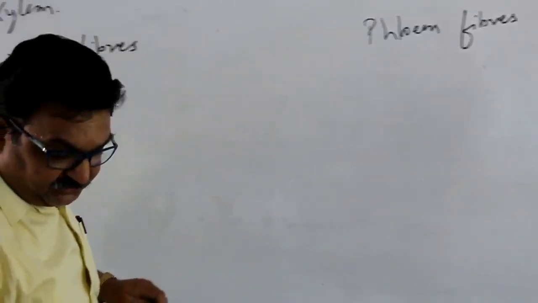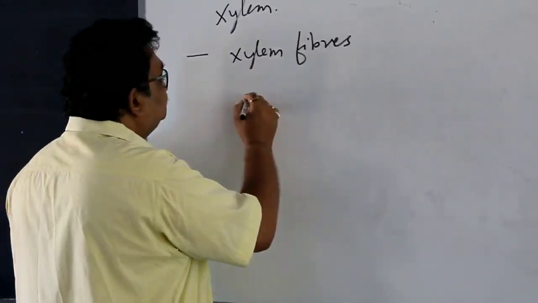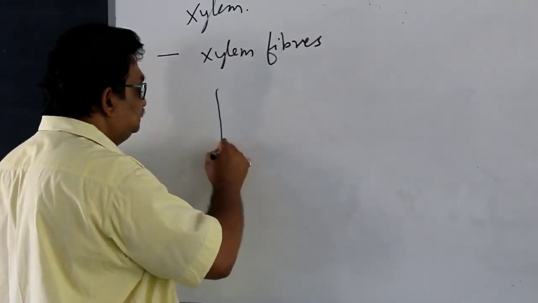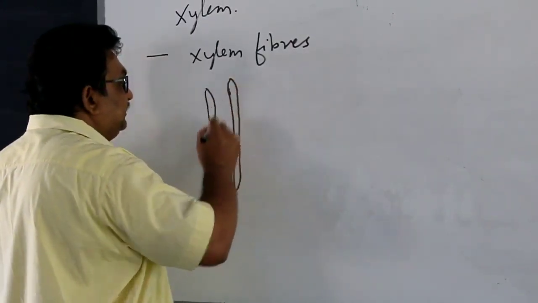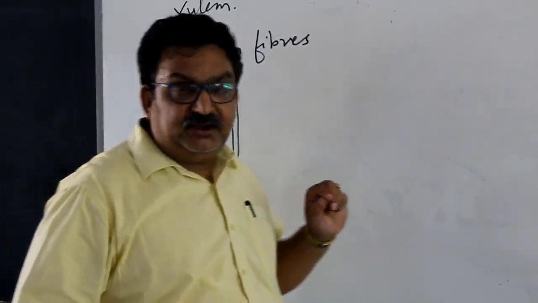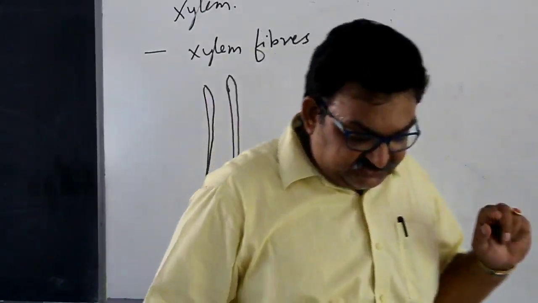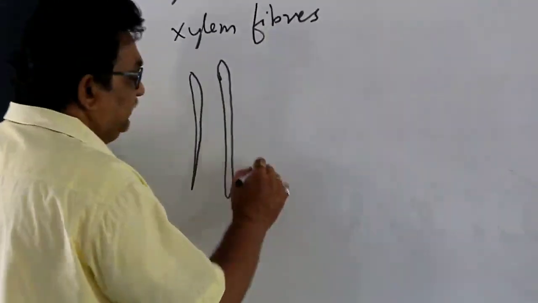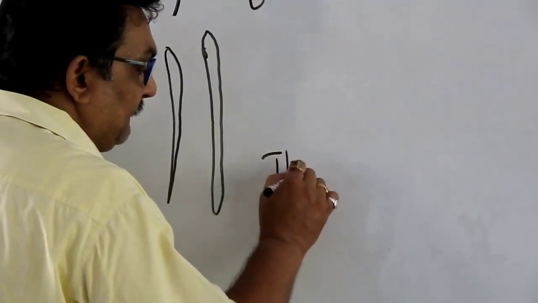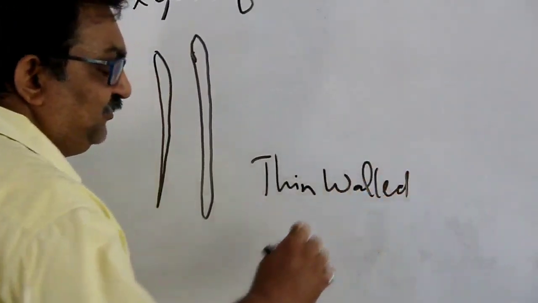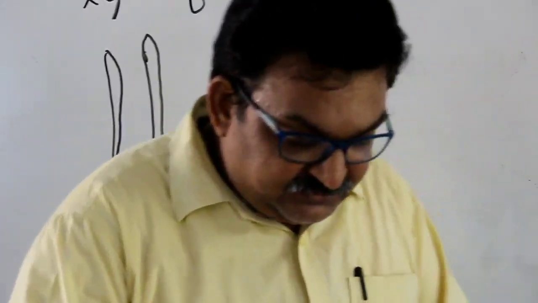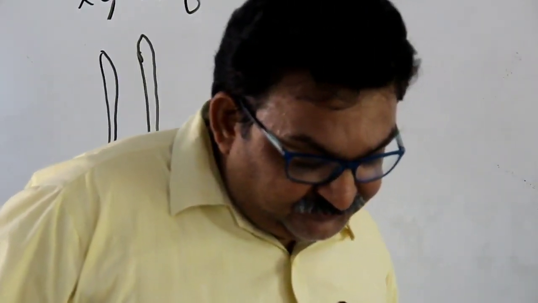Right, let me draw this simple structure for you. These also structurally are elongated and narrow tube-like structures, but thin walled. Right? Non-living structures.